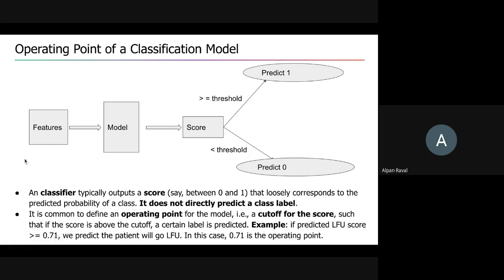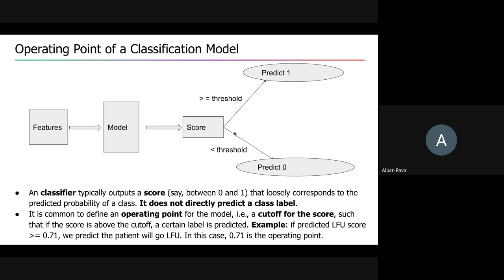Well, here's what you do. You have your features, they feed into the model. The model outputs a score. Think of a score as being a number between 0 and 1. Then the AI team, in collaboration with the program team, decide on a threshold for this score. Let's say my threshold is 0.6. If the score is above 0.6, let's call it a positive prediction. If it's below 0.6, let's call it a negative prediction.